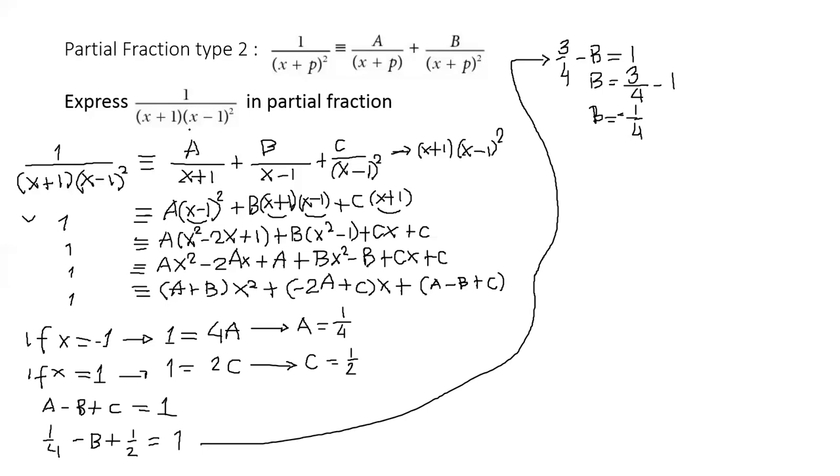It means these expressions we may convert into x plus 1 times x minus 1 squared, identical to these partial fractions, based on this partial fraction rule.